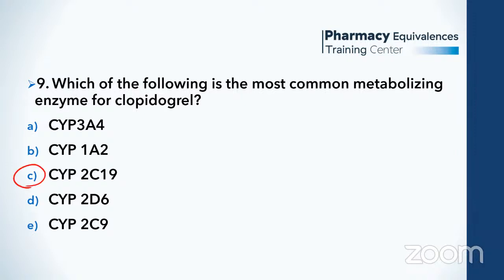Which is the common drug that inhibits this enzyme? Omeprazole. Omeprazole will inhibit this enzyme, so decreasing the metabolism of clopidogrel and leading to decreasing its effect.